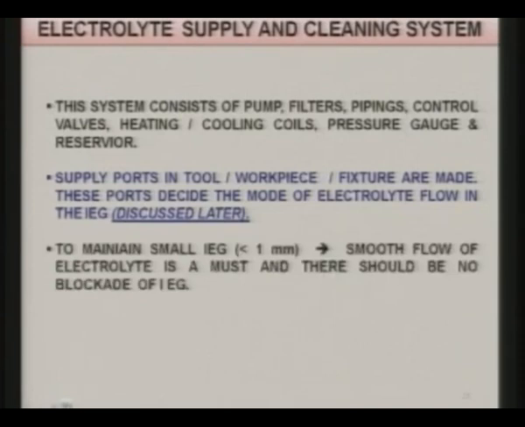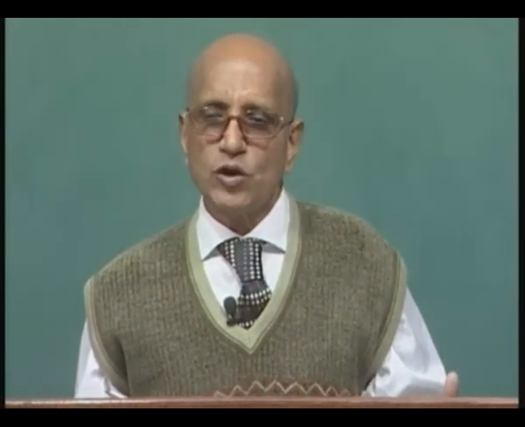To maintain a small inter-electrode gap, that is IEG, which is normally less than 1 millimeter, a smooth flow of electrolyte is a must, and there should be no blockade of the inter-electrode gap, because if blockade takes place, then it will stall the machining operation in that particular region. Hence, it is very important to properly clean or filter the electrolyte very carefully, so that no blockade of the inter-electrode gap takes place.